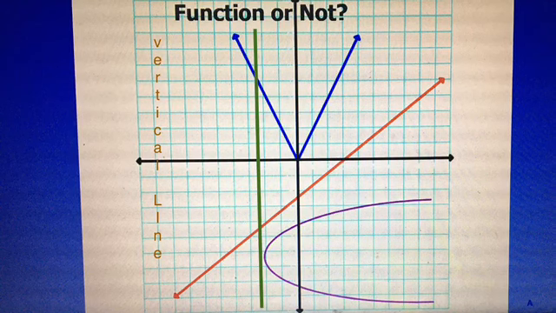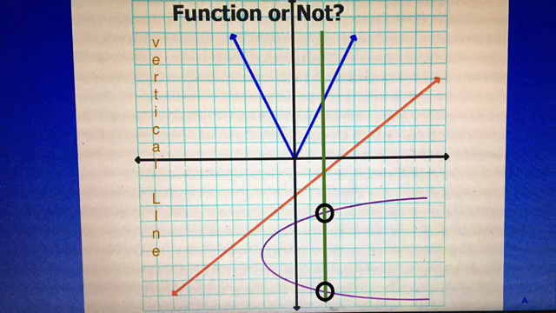At this point, it is only touching the blue line in one spot, the red line in one spot, and it's not touching the purple line at all. The same thing continues to happen as I move to the right with my vertical line. As I get over the purple lines, however, notice that it's touching the line in more than one location.